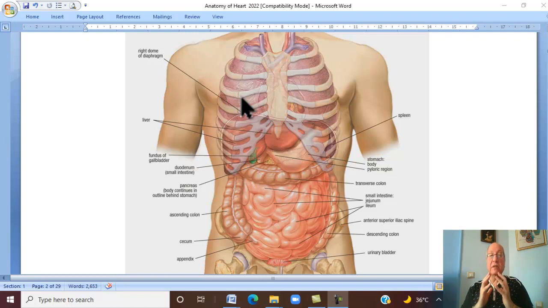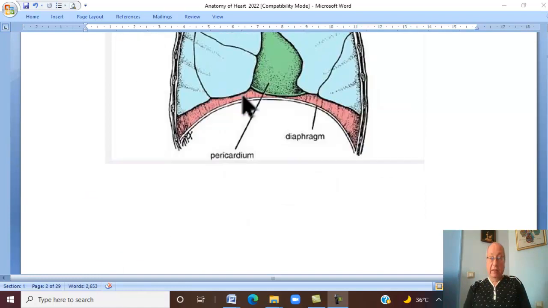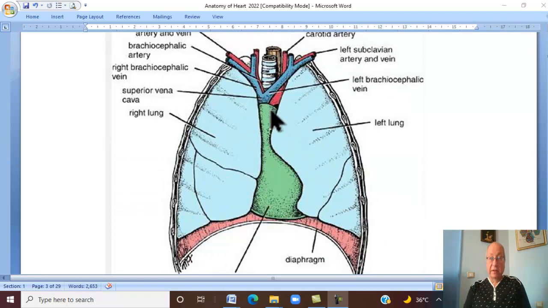The tissues between the right and left pleural sac which cover the lungs are called the mediastinum.